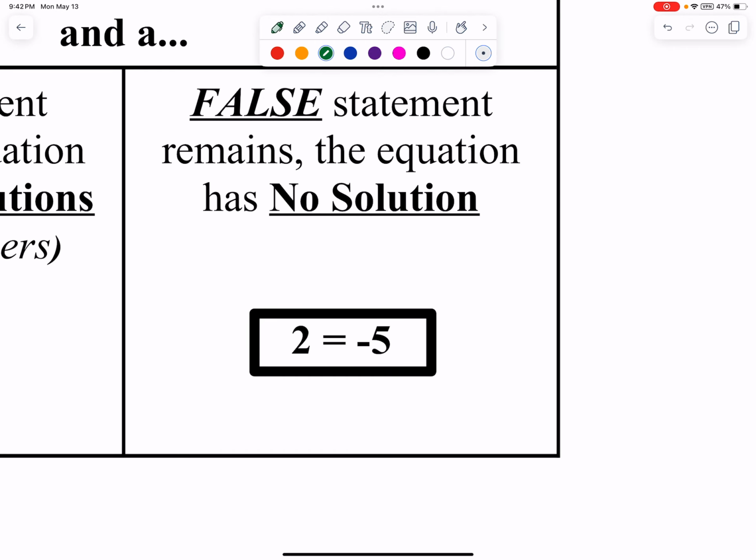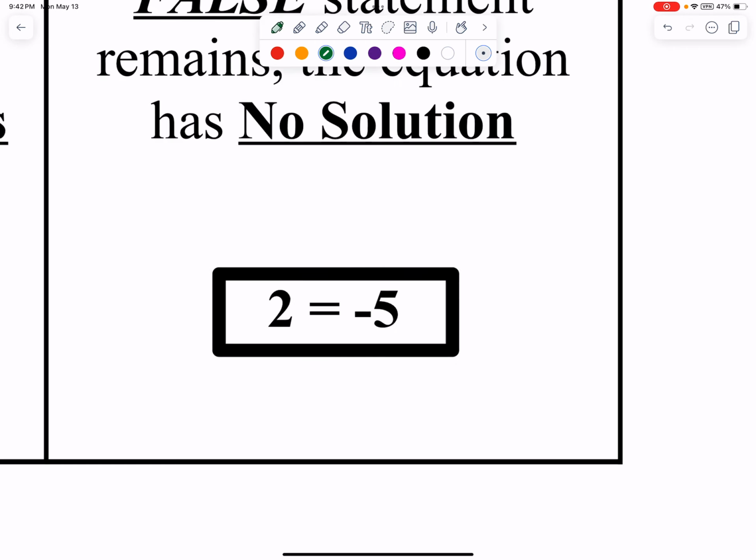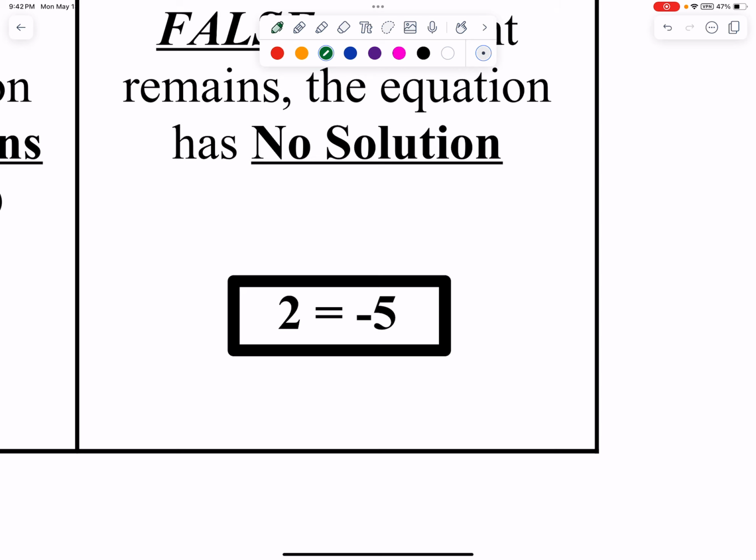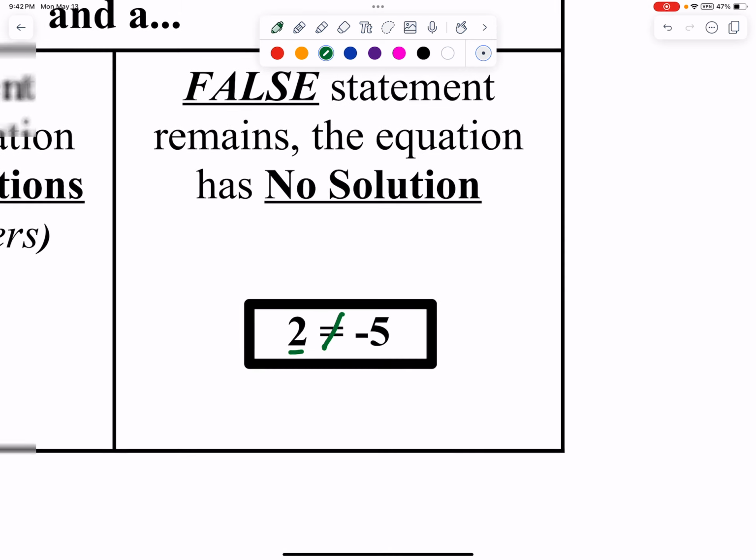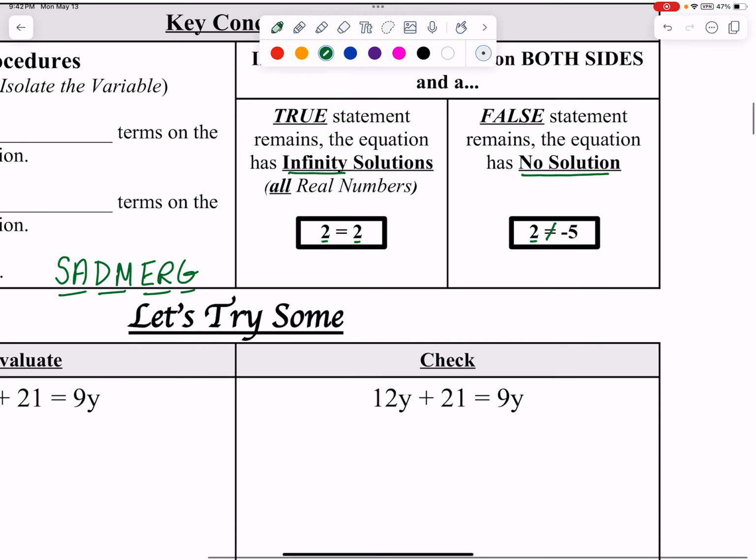The contrasting situation would be if you get rid of the variables and you end up with numbers that are not equal to each other. That means we never can have a solution. So no solution for those ones.